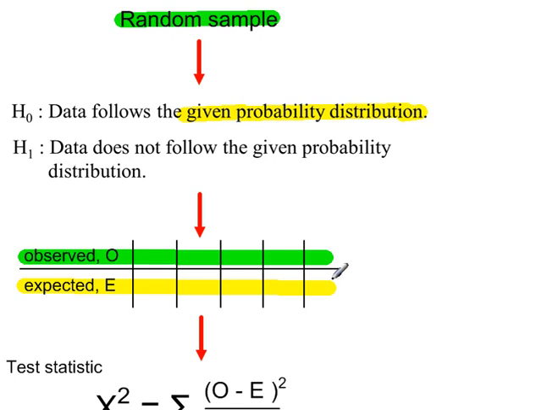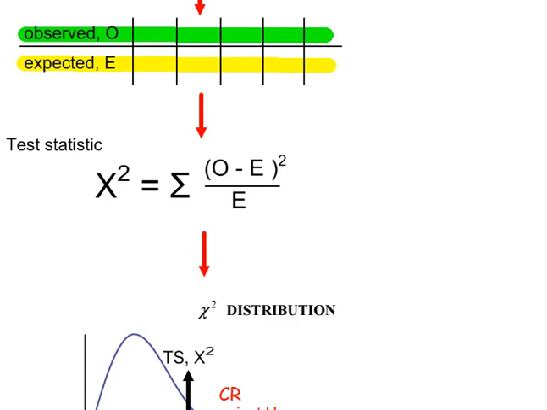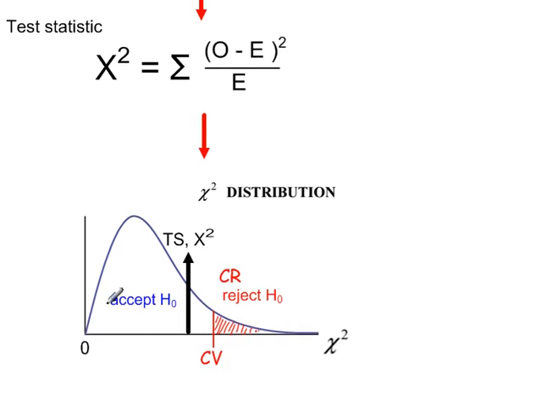The one thing you need to watch out for are E values which are less than 5. From the E values and the O values, you calculate your test statistic. This formula is on page 14 in the AQA formula book, and then from there you go to the chi-square distribution. To get the critical value, you need to know the number of degrees of freedom that you're working with.